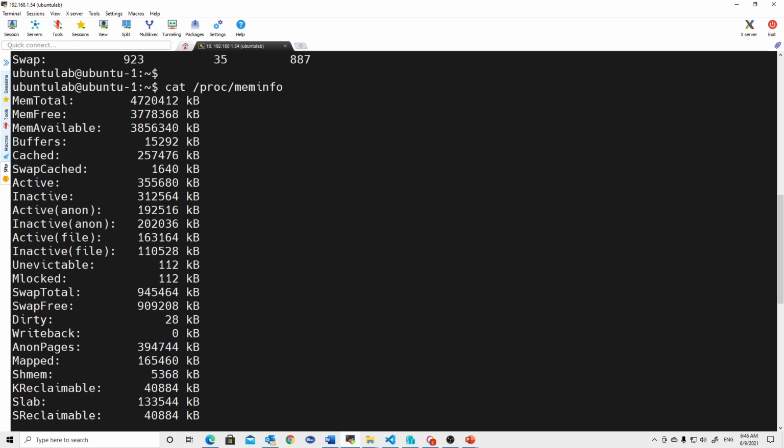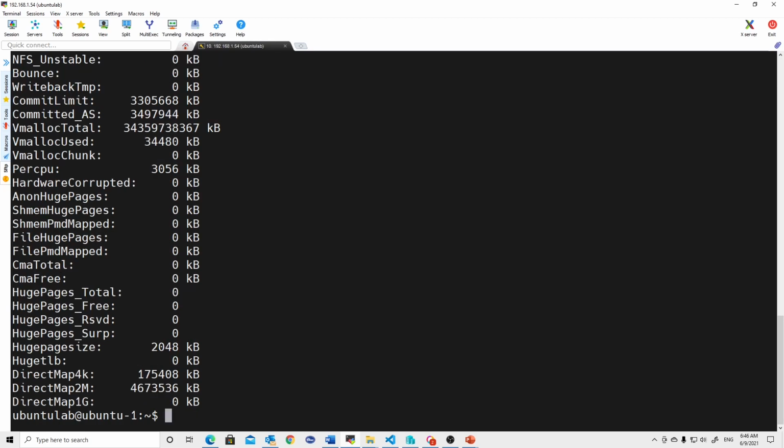Active(file): active memory for file-backed pages. Unevictable: pages which cannot be swapped out of memory or released. Mlocked: pages which are locked in memory. SwapTotal: total swap space available. SwapFree: swap space not being used. Dirty: memory which needs to be written back to disk. Writeback: memory actively being written back to disk.